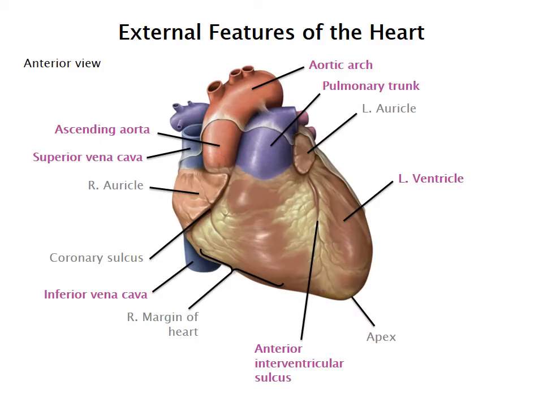So let's take a bit of a more realistic look at these structures. So again, we have the apex of the heart over here. So this heart is kind of tilted off to this person's right side. So we have generally a ventricle over here and a ventricle over here, and we have an atria generally in this area and another atria generally in that area.